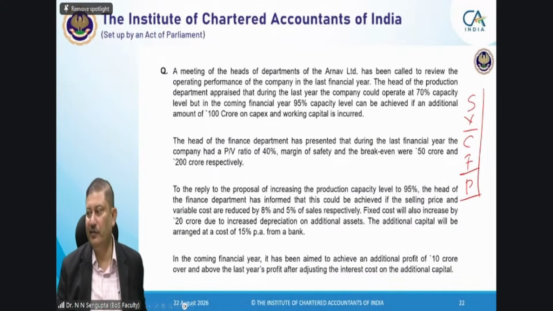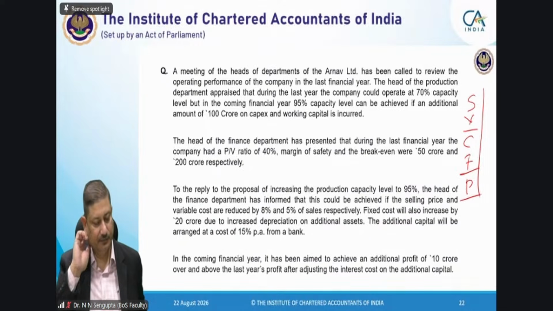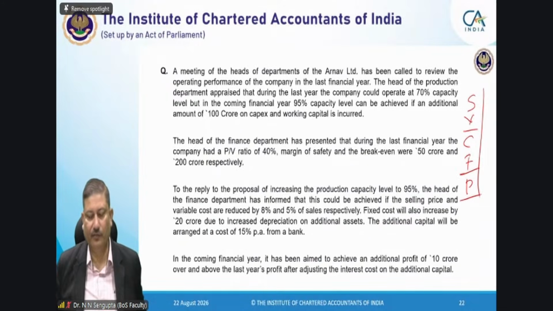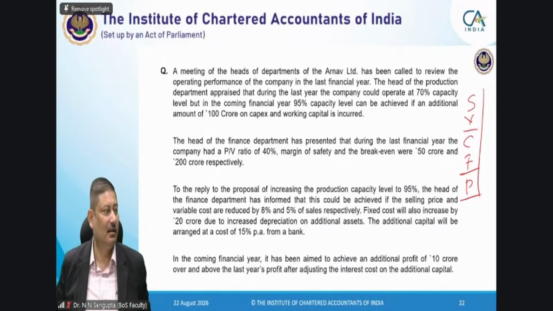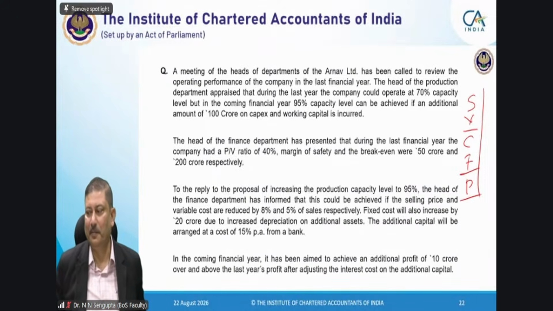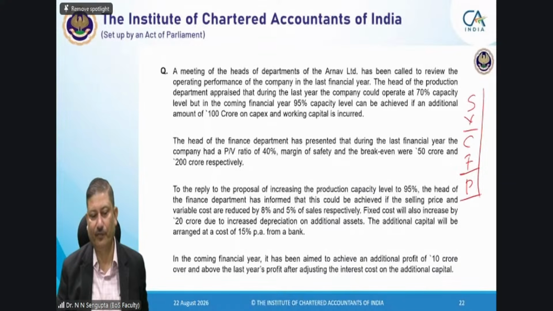Line by line, I'll request, if required, you can. And try to underline the figures.